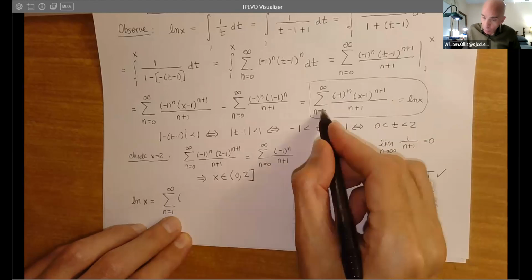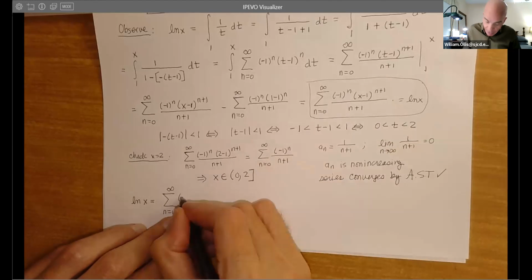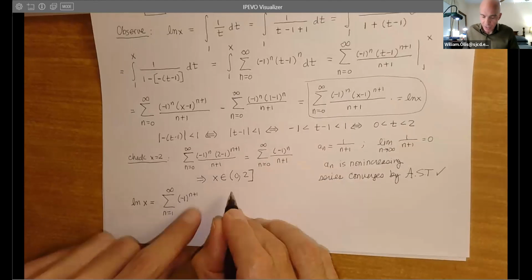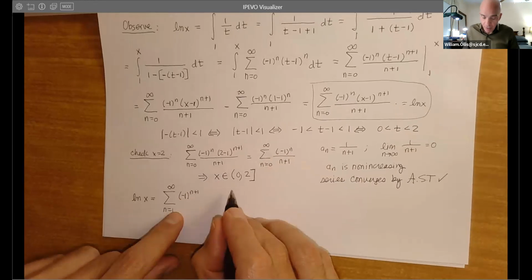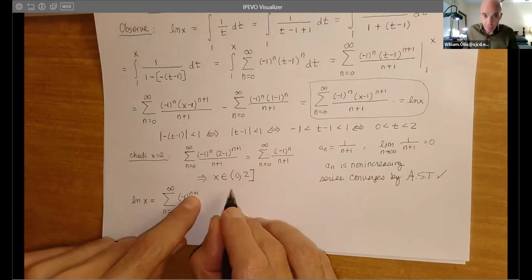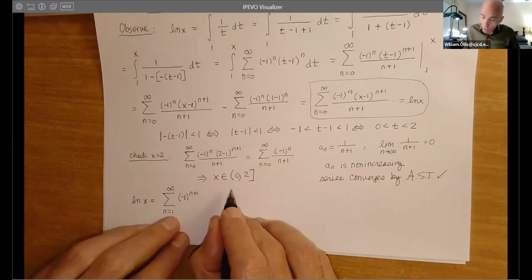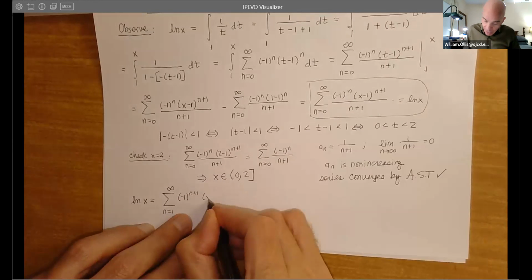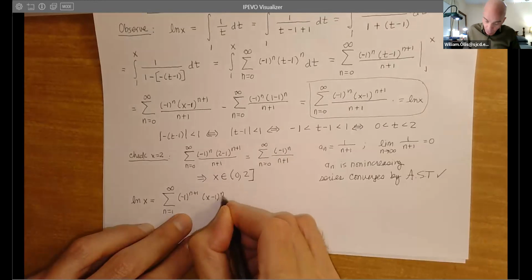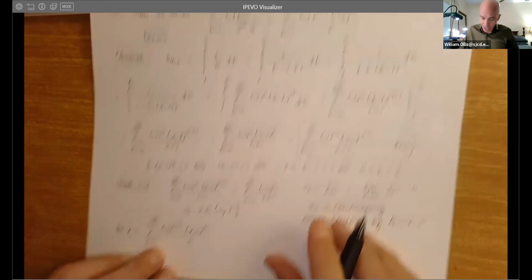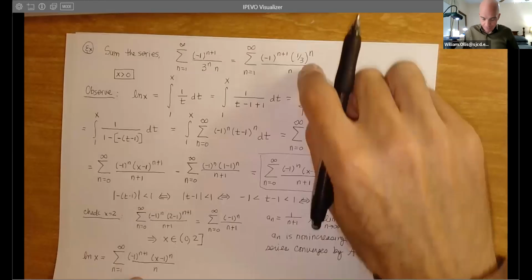So when it's zero, we want one. So we're just going to say negative 1 to the n plus one. You can choose any power for this, just so long as it coincides with the alternating plus and minus. We need it to start out plus, so I'll just put n plus one. Now, if we start at one, we made this bigger, so we need to make that smaller. So this is x minus one to the n, and make this smaller by one. Now this matches up with this.